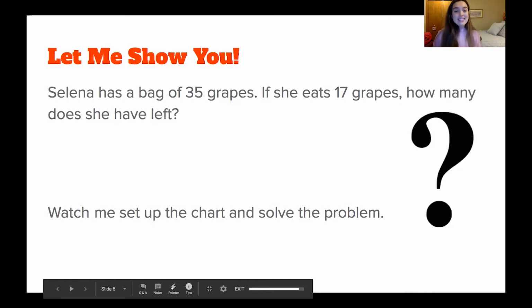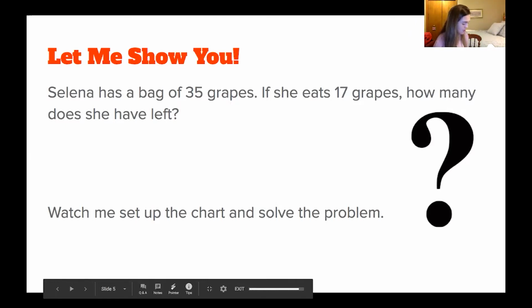If she eats 17 grapes, how many does she have left? Now, before I go in and finish the problem, I want to write out my number sentence. I've already drawn out the chart. So now let's just write out the problem.